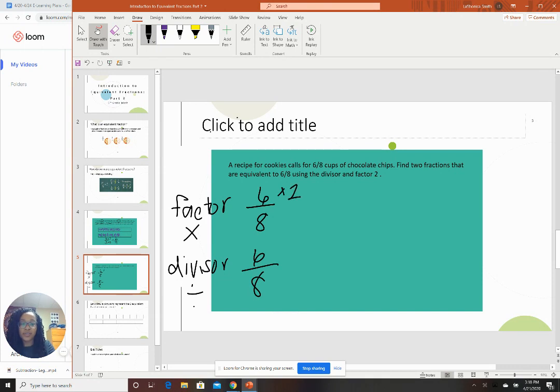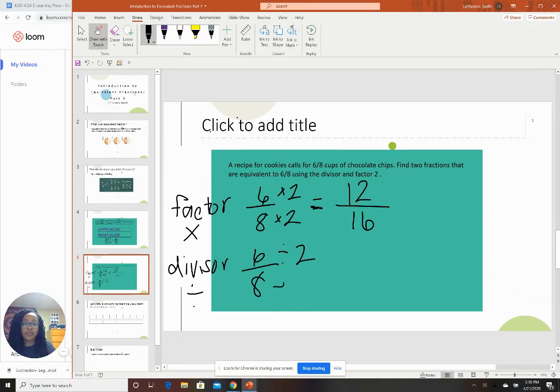Okay, so 6/8 times 2. What we do to the top, we have to do to the bottom. So 6 times 2 equals 12, and 8 times 2 equals 16. So she could also use 12/16, and that's equivalent to 6/8 using the factor 2. Now let's use the divisor 2.